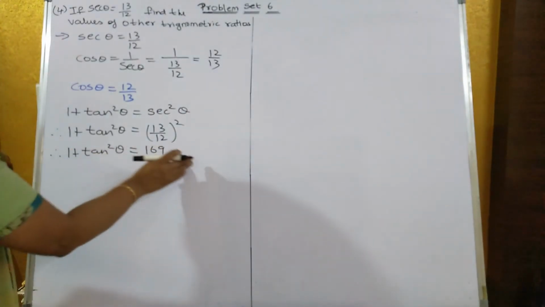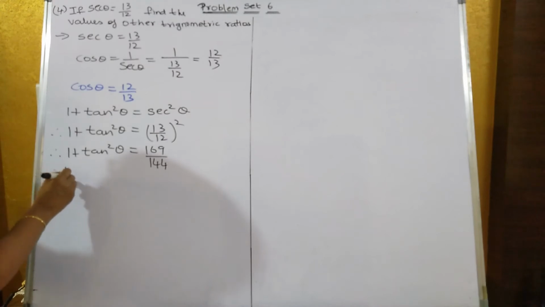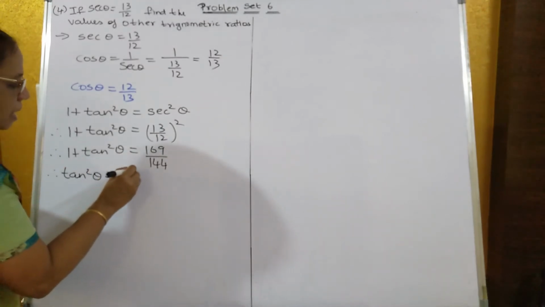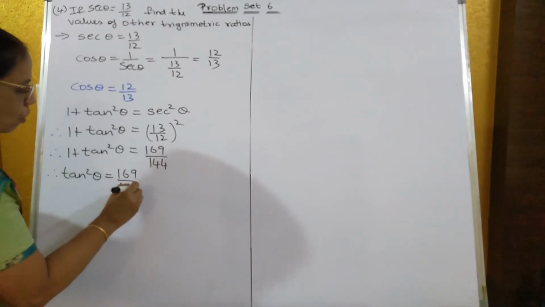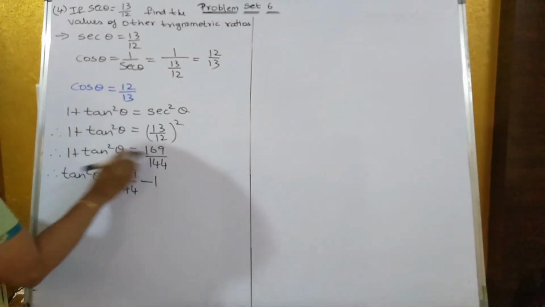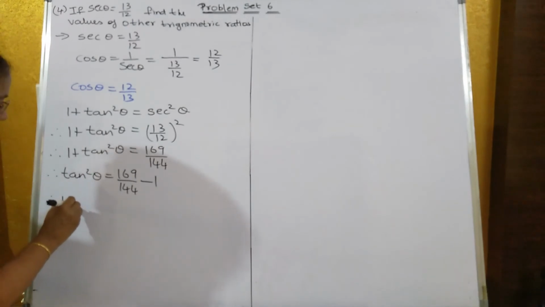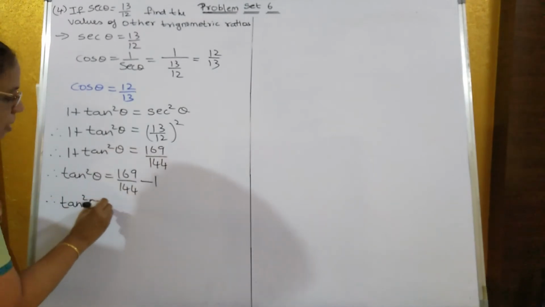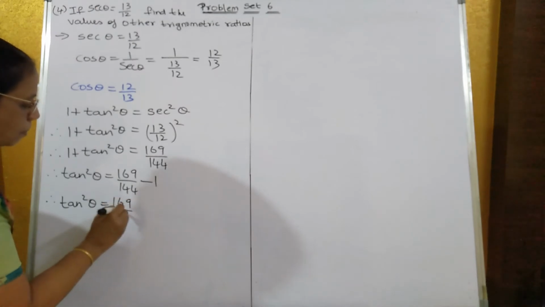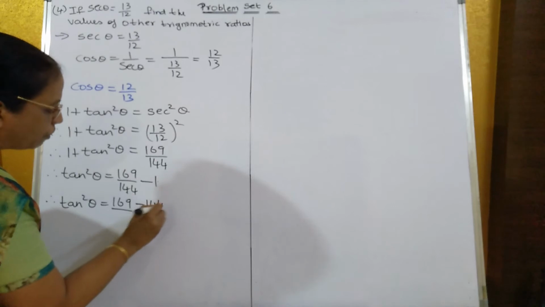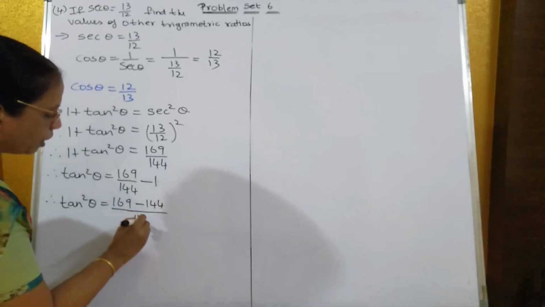Now take this 1 on this side. So what you will get? Tan square theta is equal to 169 upon 144 minus 1. So when the 1 comes over here, it becomes minus 1. Equalize the denominator. Tan square theta is equal to 169 upon 144 minus 1 is 144 upon 144.